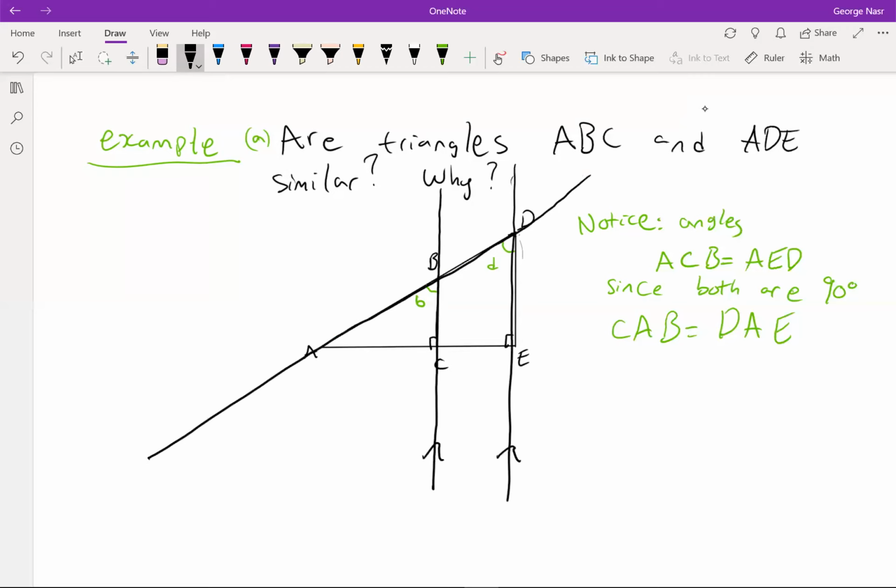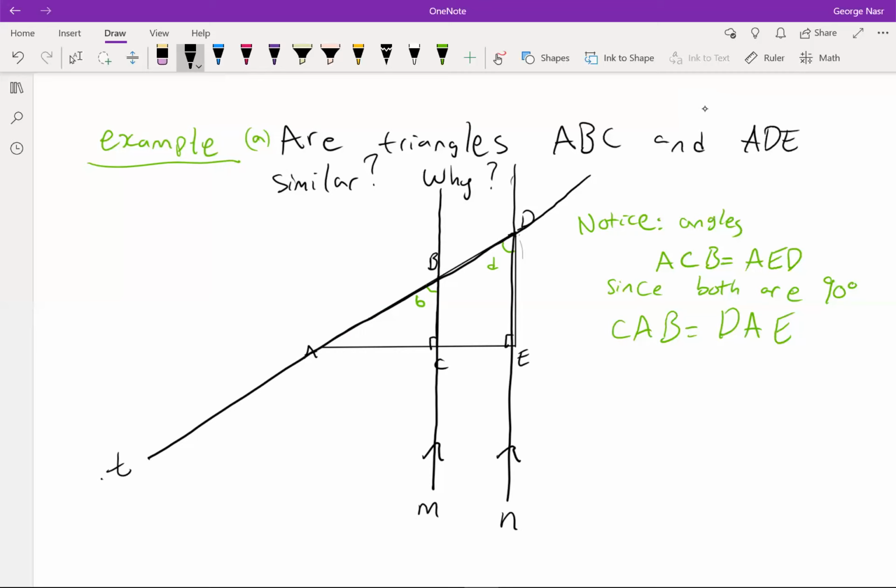And now ignore the triangle for just a second. This setup should look familiar. This is the parallel postulate in play. I've got this transversal T. I've got two parallel lines, M and N, and B and D are corresponding angles.